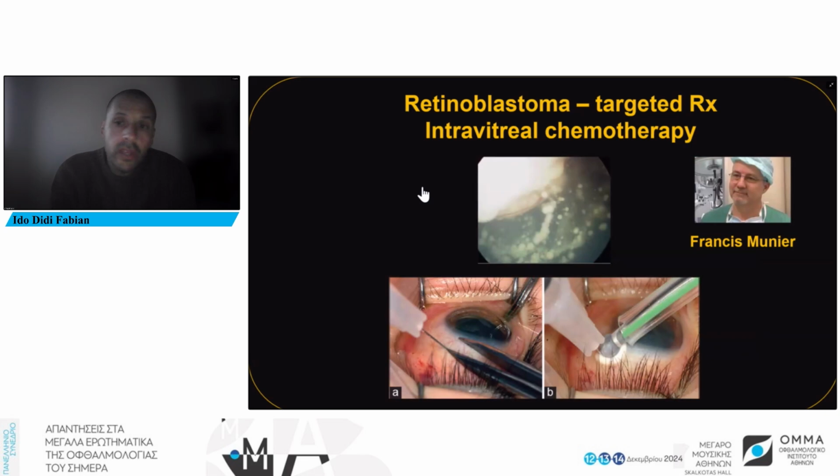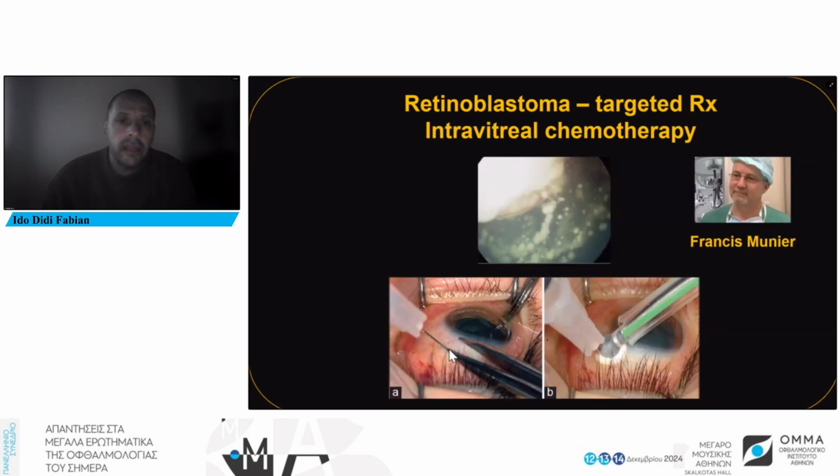Again, about 20 years back, starting again in Japan for some reason, and then popularized by Francis Munier from Lausanne, a very powerful treatment to treat vitreous seeds: intravitreal chemotherapy. First we start with the paracentesis to lower the intraocular pressure to avoid reflux when we penetrate the eye. And then we penetrate the eye about 3 millimeters from the limbus.